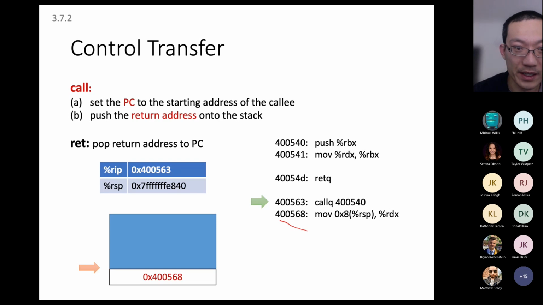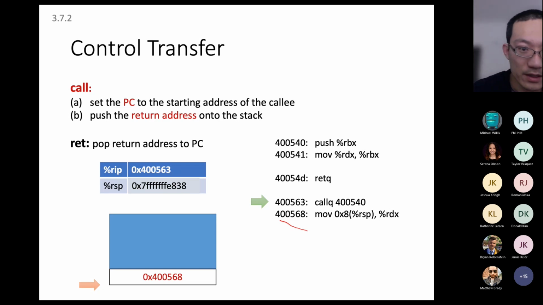The stack pointer right now ends with 40, and because the address is 8 bytes in our example, we need 8 bytes more space for the stack. Instead of adding 8, we minus 8. That's the way we grow our stack. So we minus 8, which makes this number end with 38. Now we can see the new top of the stack.